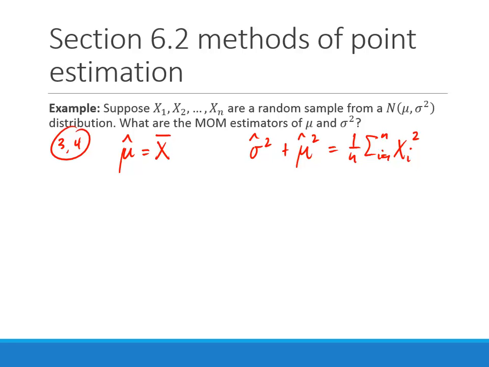Okay, so mu hat's already solved for, so let's figure out what sigma hat squared is. Well, that's just going to be 1 over n times the sum of squared observations, my second sample moment, and then I can subtract off mu hat squared, which I know is x bar squared.